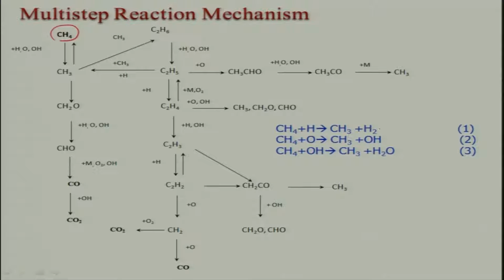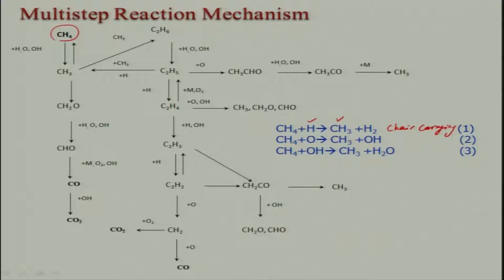CH3 plus H2. And what kind of reaction is this? This is basically chain carrying, because CH3 is a radical and H is a radical, right. So the ratio is 1. This is a chain carrying reaction, yes or no?